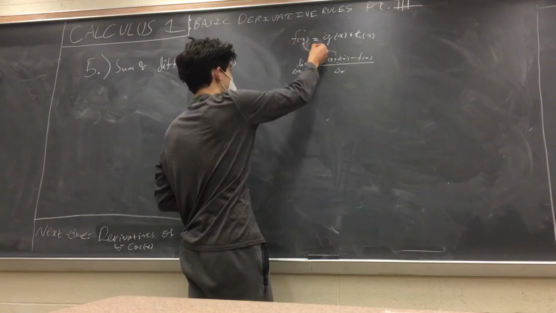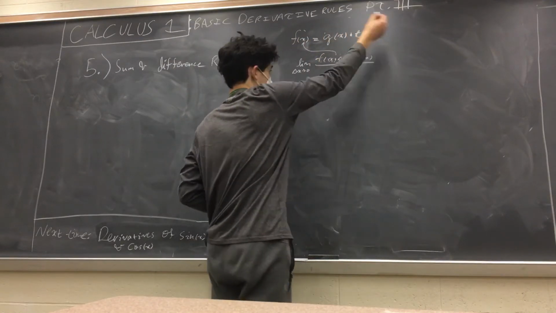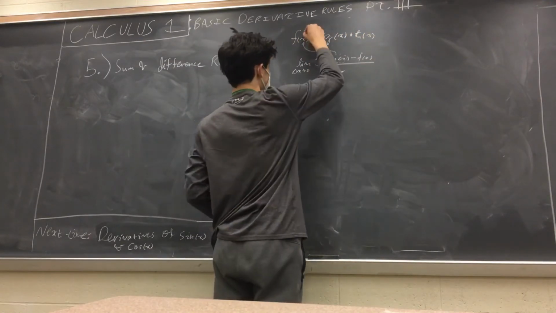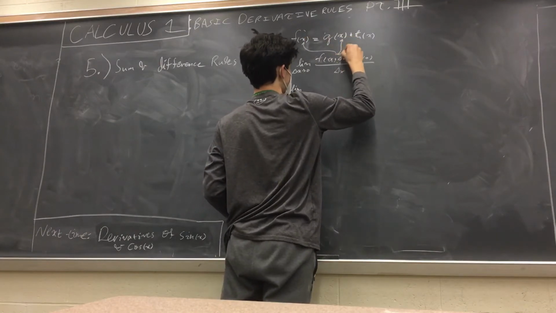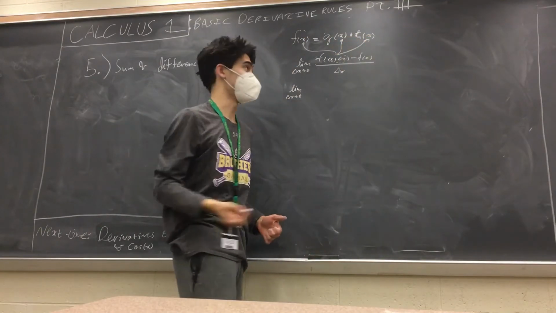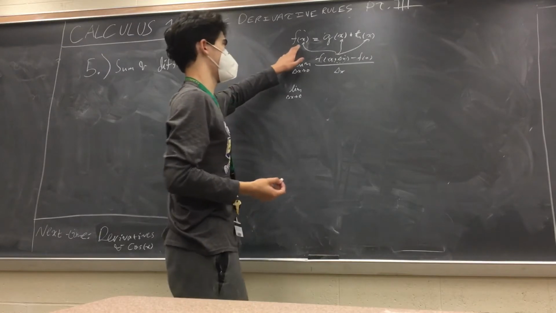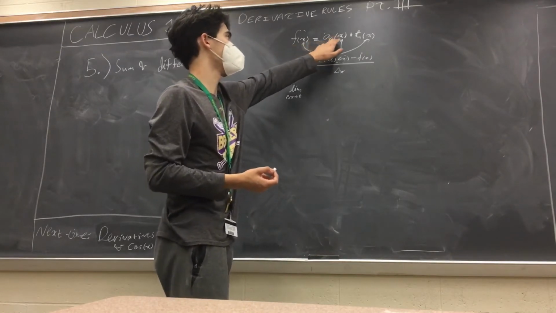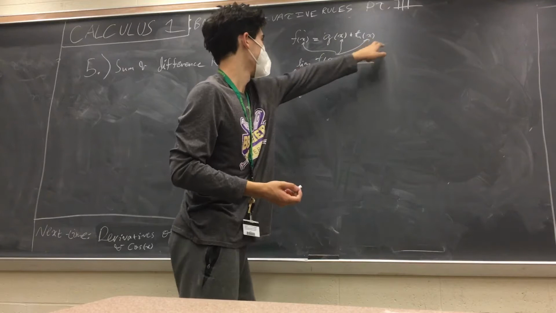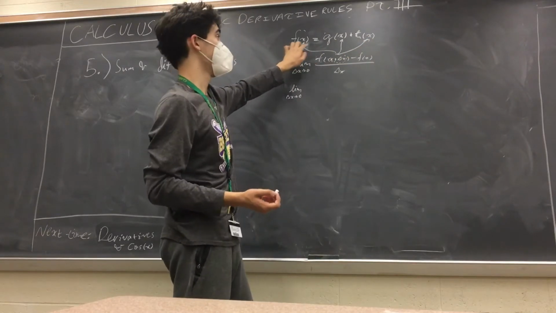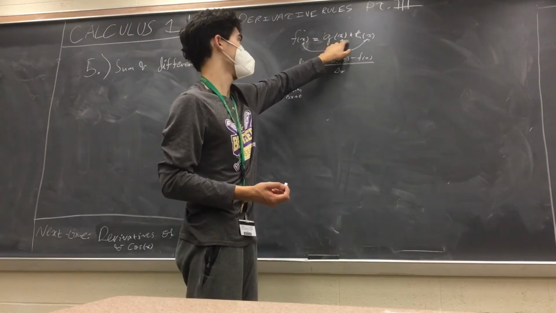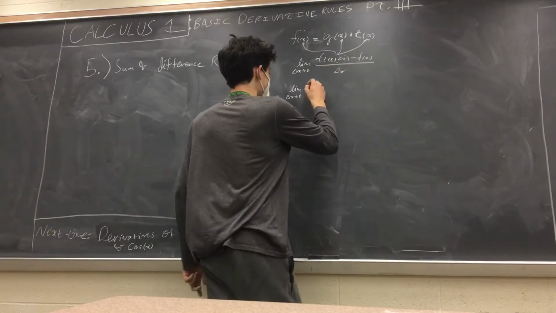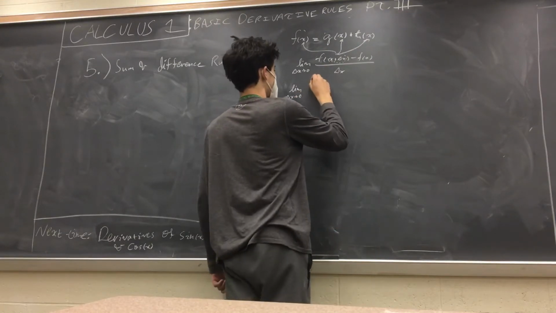But our function f of x is g of x plus h of x. So what we do is we plug this in for g of x and h of x. So let's say we had f of 3, that would be equal to g of 3 plus h of 3. So f of x plus delta x is equal to g of x plus delta x plus h of x plus delta x.